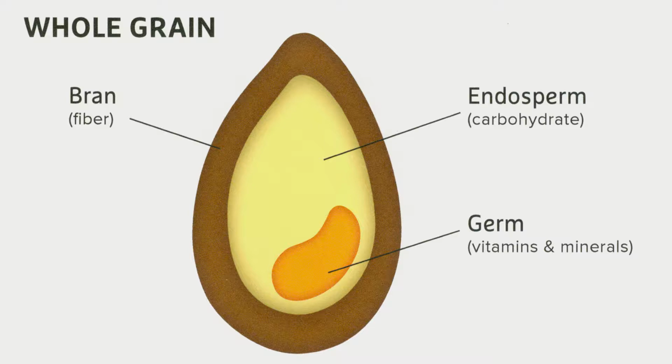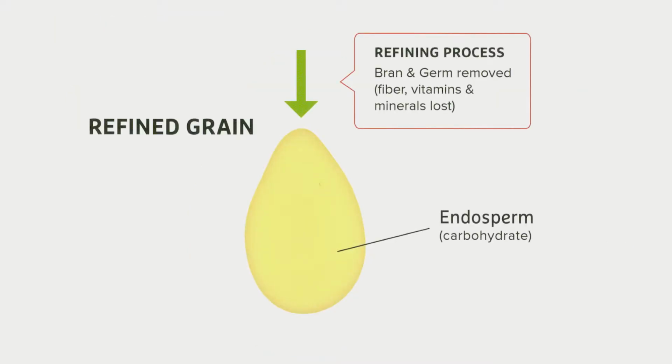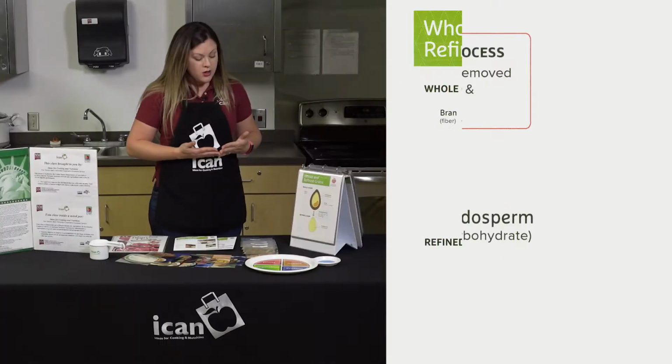This contains our vitamins and minerals. In the process of refining, we do get rid of the bran and the germ and are left with our endosperm or carbohydrate.